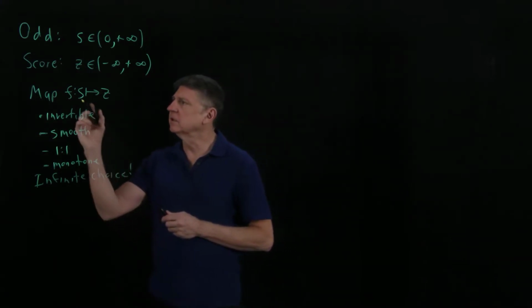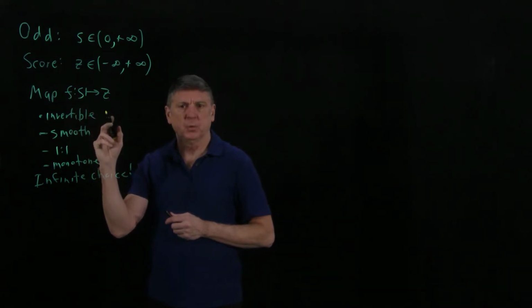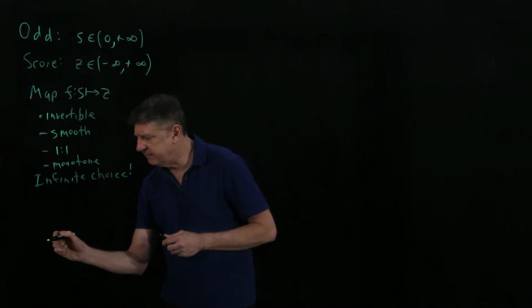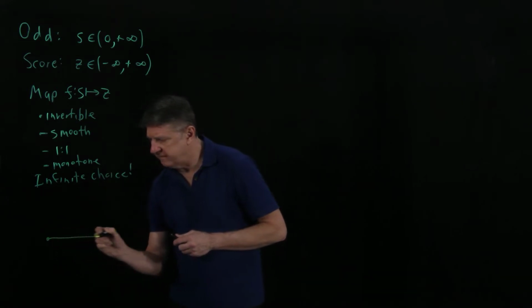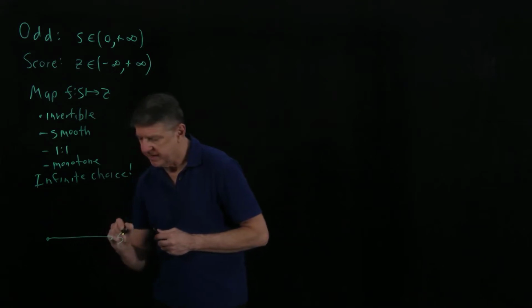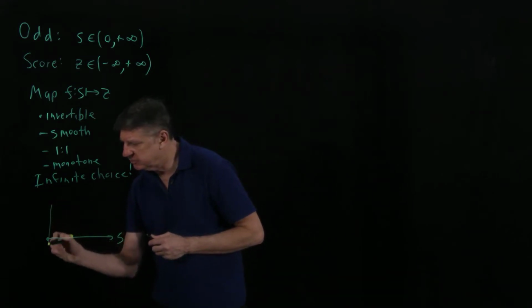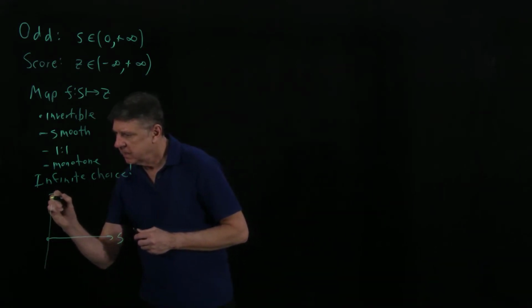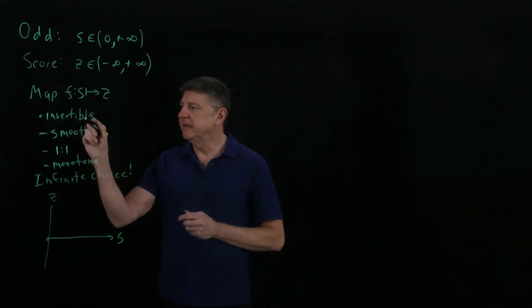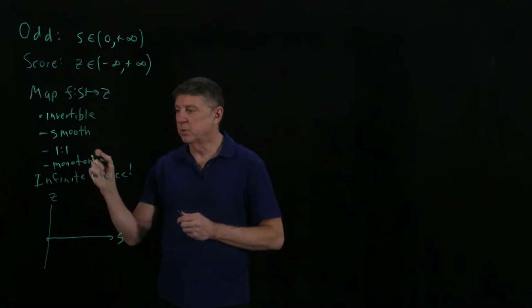So now let's try graphing what we might mean. Suppose that we have our odds here, and we have our score here. And so what we want is for this to be invertible, smooth, 1-to-1, and monotone.